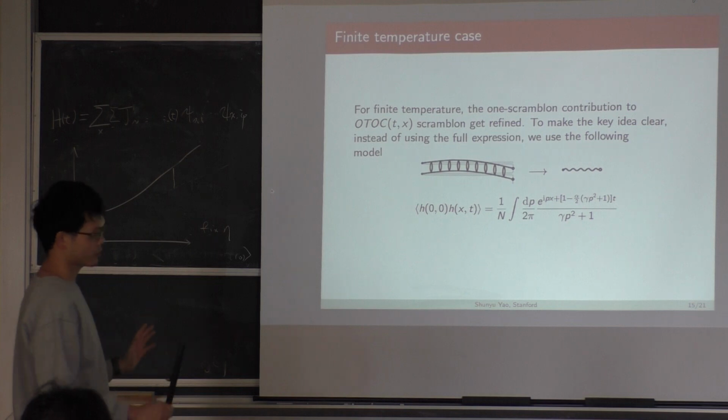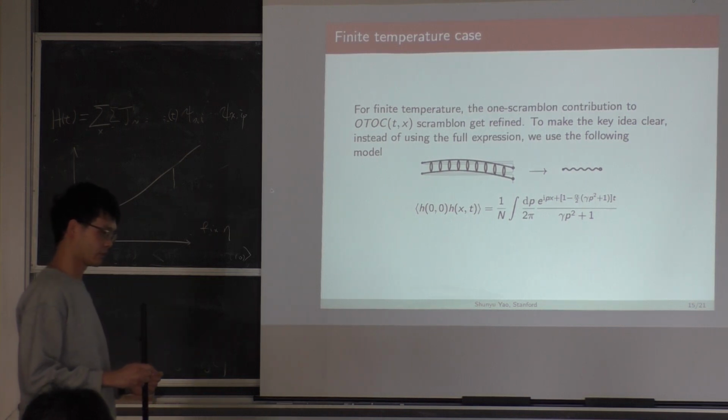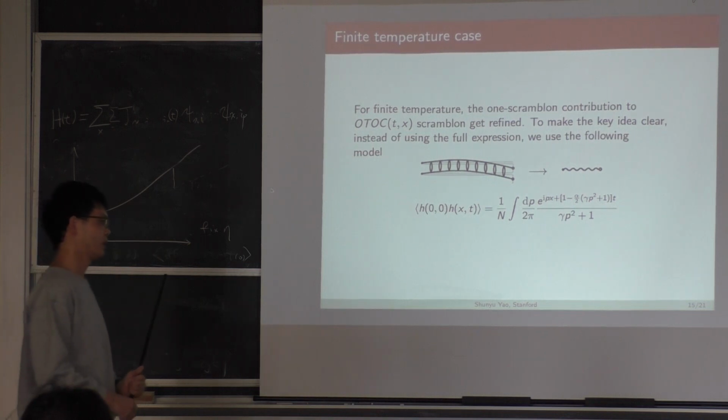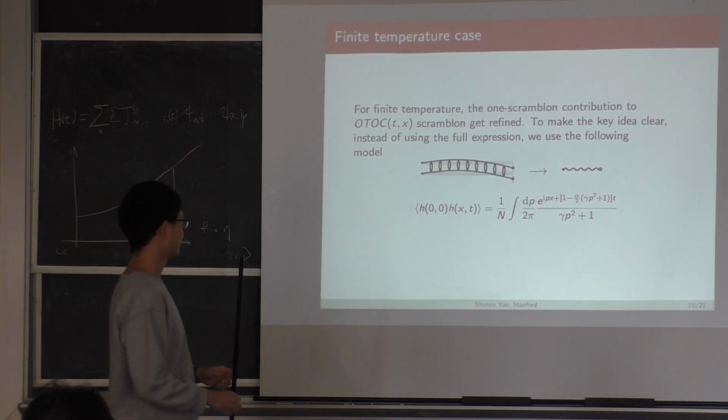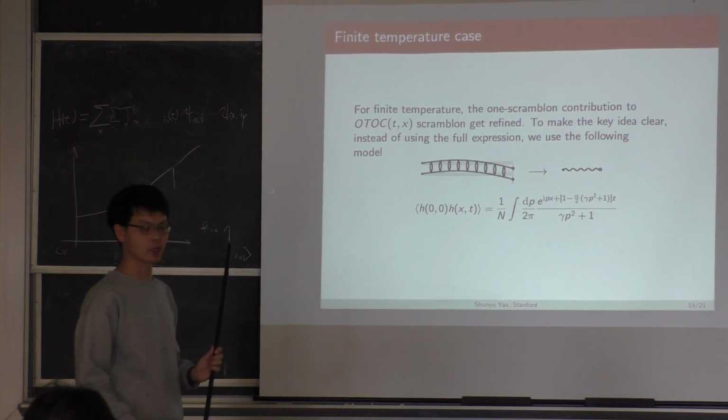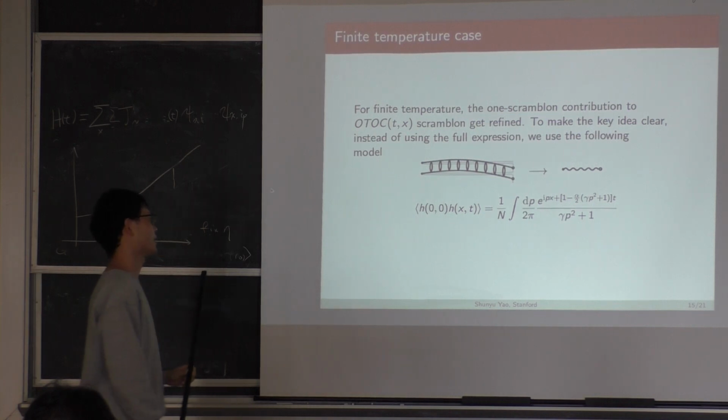For a finite temperature system, or a system closely related to holographic theories, for example just the regular SYK chain, the naive one-scrambling propagator, the HH propagator itself, gets modified.